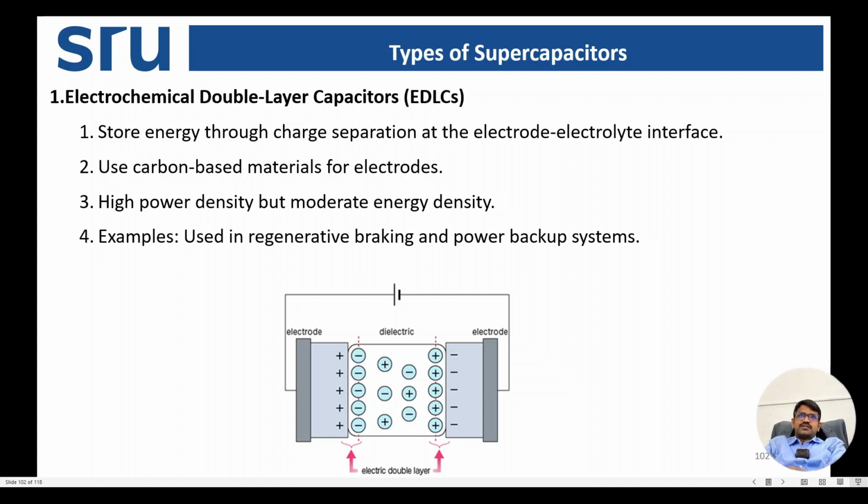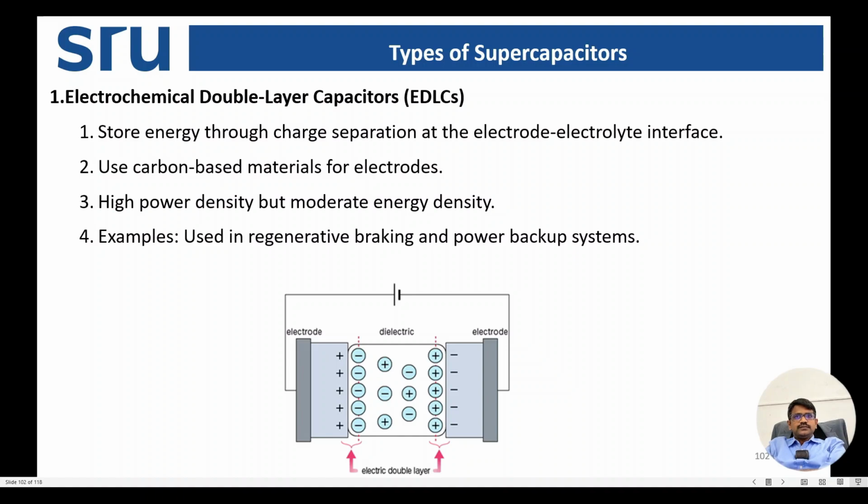So what are the properties of electrochemical double layer capacitors? They store energy through charge separation at the electrode electrolyte interface. You can see here positive charge and negative charge, here positive charge and negative charge.